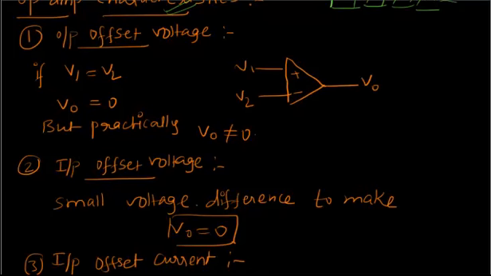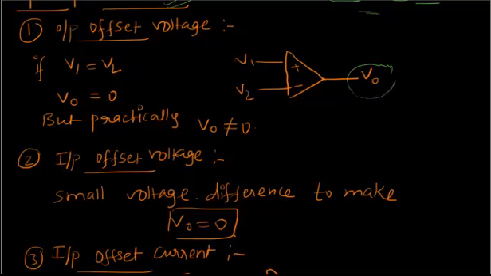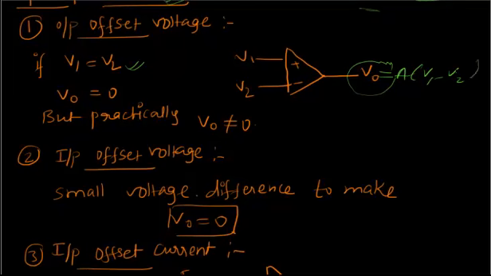I told you that some properties of these blocks I'll be explaining now. The output offset voltage represents the voltage when both the inputs are equal. So when both are equal, the standard equation that we have is A into V1 minus V2, right?